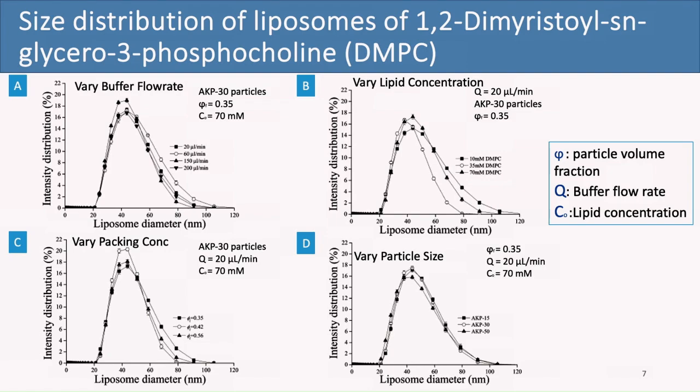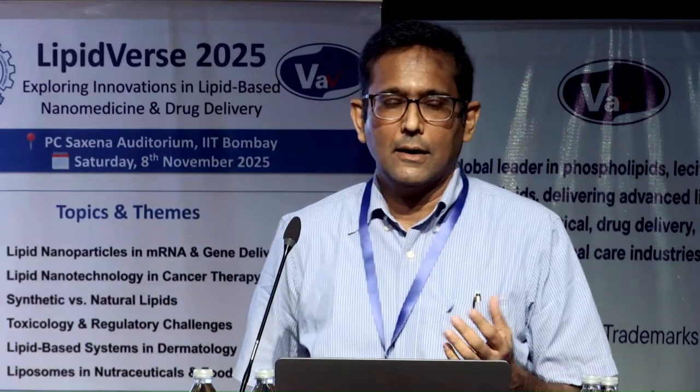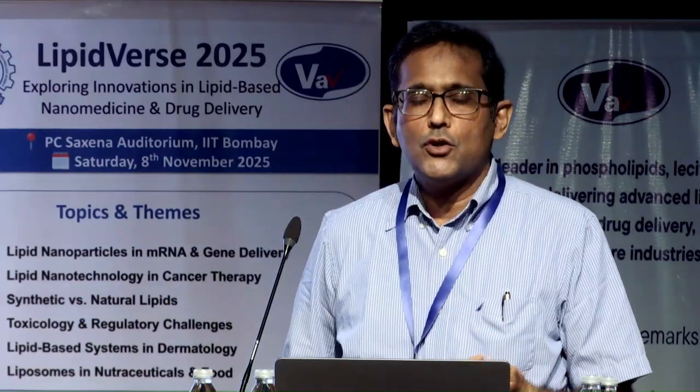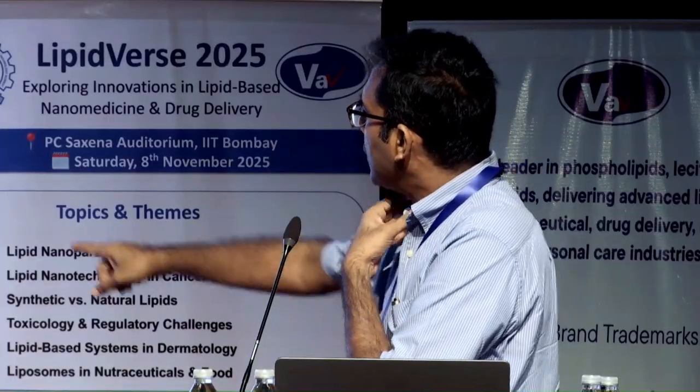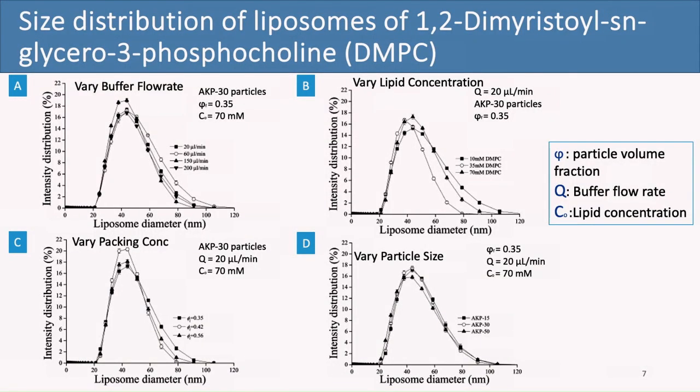And indeed, we found that almost all the particles were less than 100 nanometers. So here was a very simple method, doesn't use microfluidics or anything. And you are easily able to generate 100 nanometer particles. And what is interesting is it also did not depend upon the size of the alumina particles. If you recall, they had 3 different sizes.